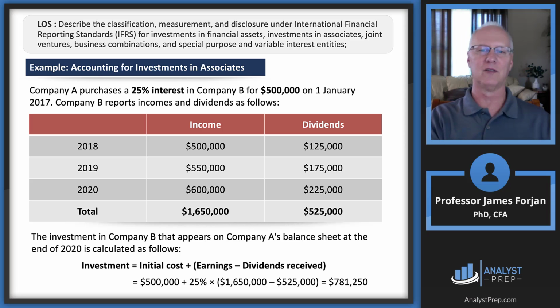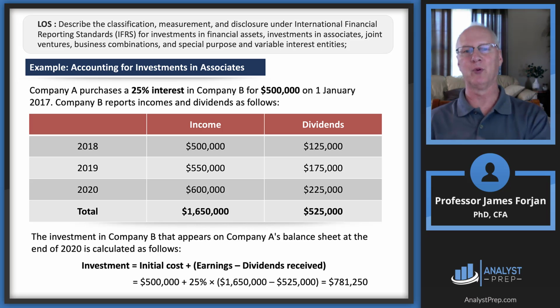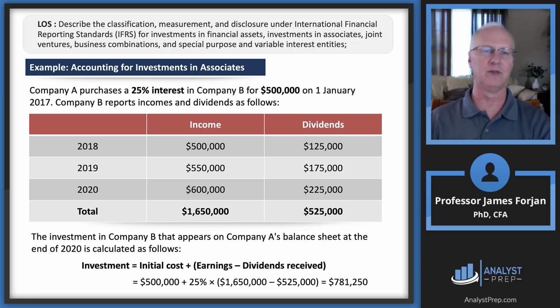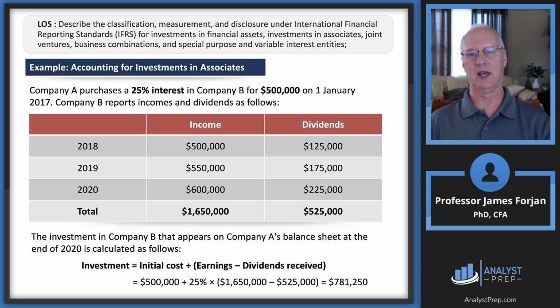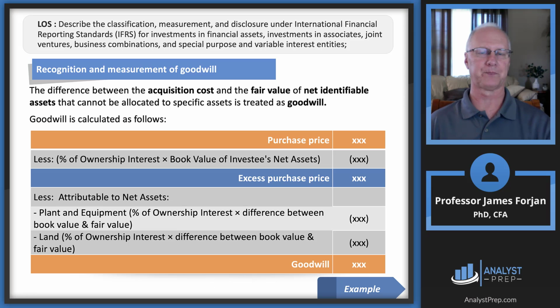So it's the initial investment plus a measurement of the improvement in the quality of company B. And of course, that has to be adjusted by dividends and the percent of our original investment. So you have the 500 plus another 281,000 over 3 years, and this should make perfect sense.